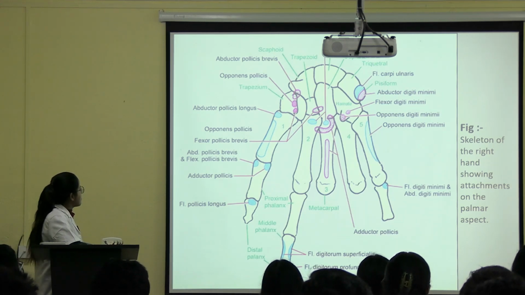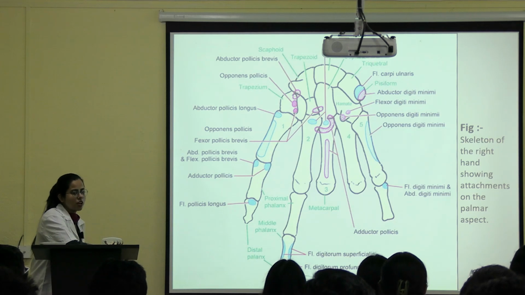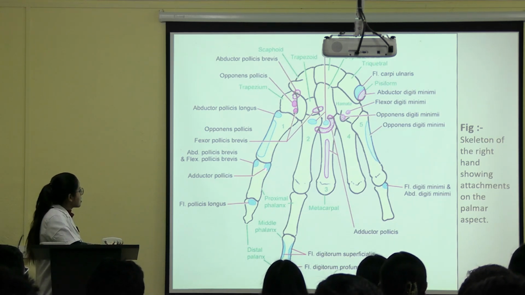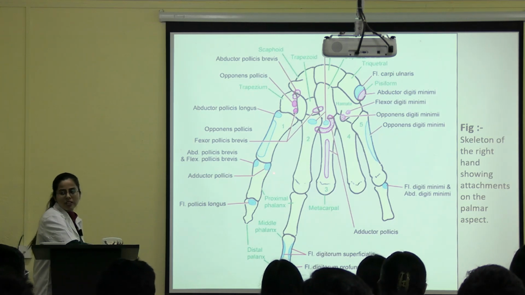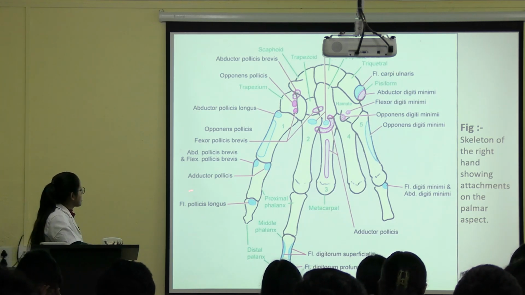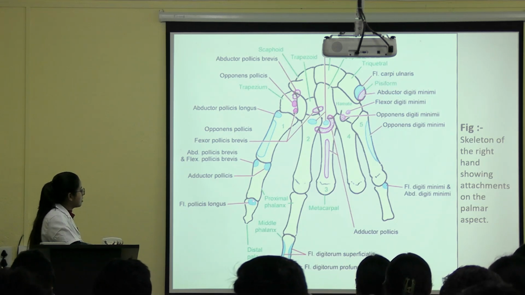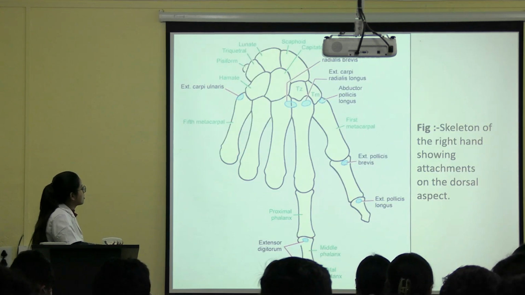So in this picture you can see the origin and insertion of the muscles. This is the adductor pollicis inserting in the base of proximal phalanx. Clear? This is flexor pollicis brevis, and flexor pollicis longus in the distal phalanx.